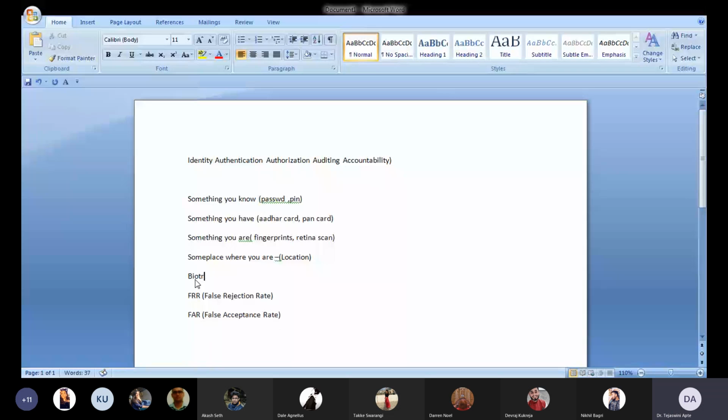Now, if I'm going to have this false rejection rate or false acceptance rate, how do I choose the biometric, or how do I select the biometric? There is one thing you need to understand, and there are many dissertation projects.